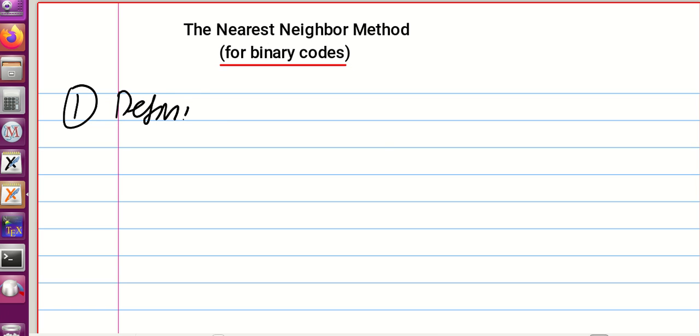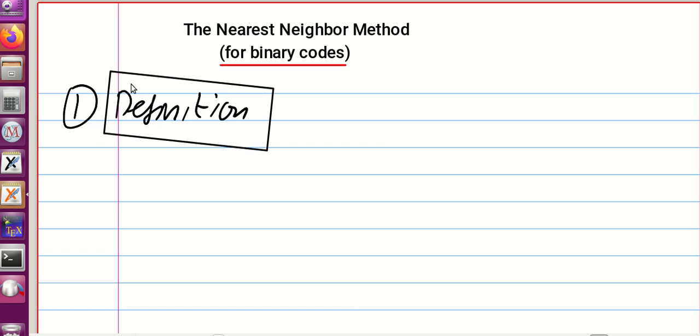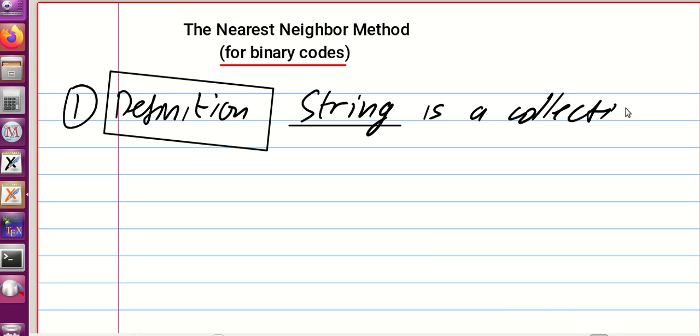The first definition is a simple one: what a string is. A string is a collection of zeros and ones. Basically binary strings, that's what they're called, because they have either zeros or ones.